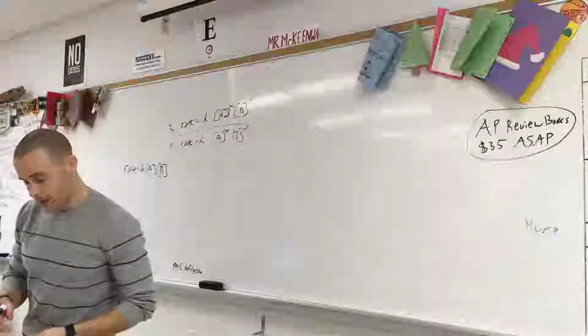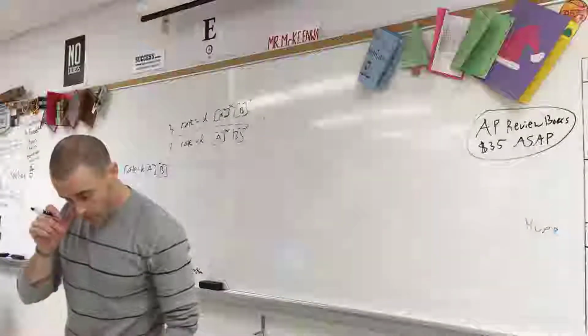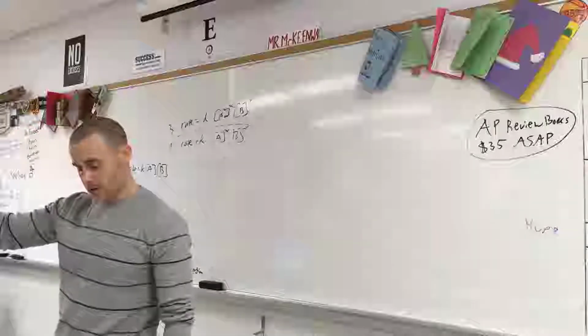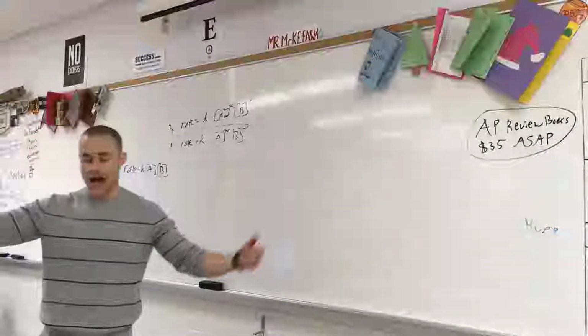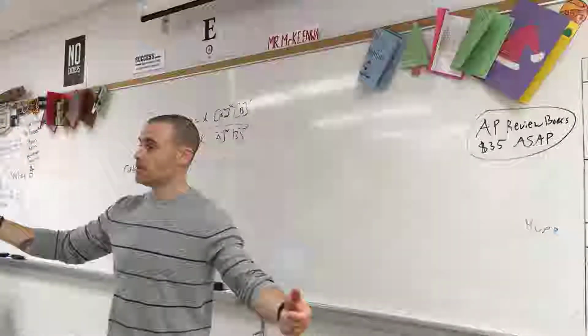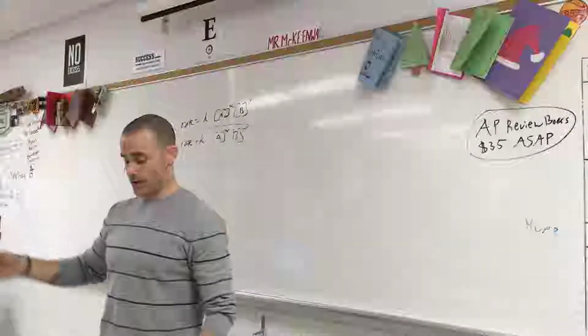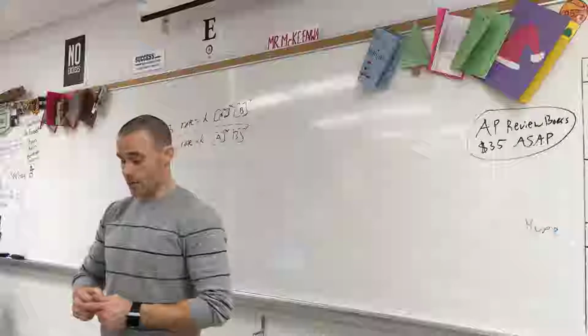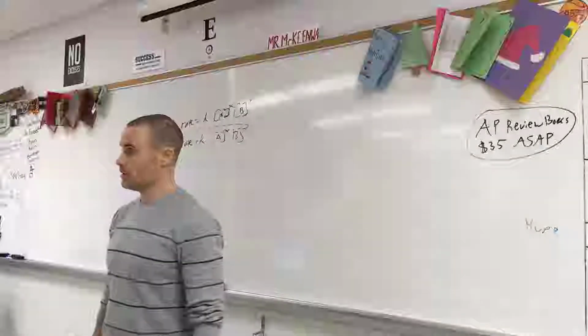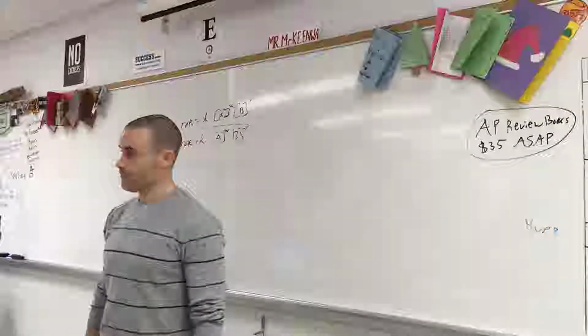So to find B, we would use 2 and 3. So we would do, actually, I don't need to do any math for this. Why? Paige, why don't I need to do any math for this? To figure out B, I can just look at the chart. Yeah, what's the same?